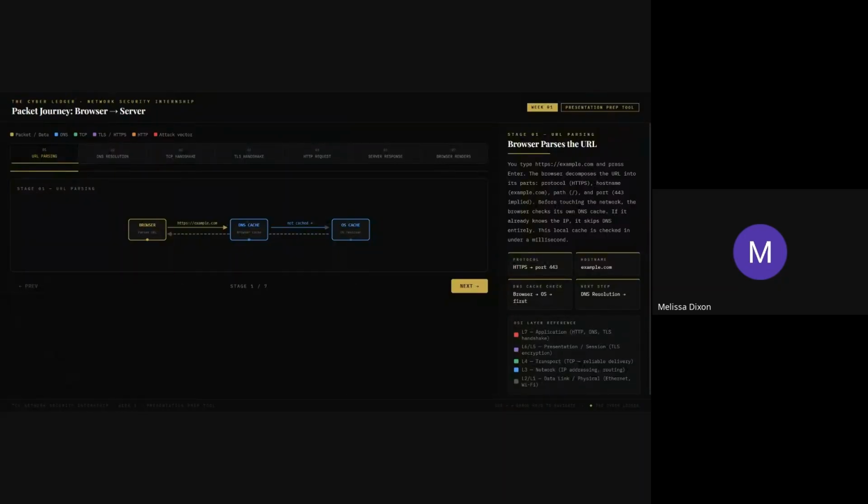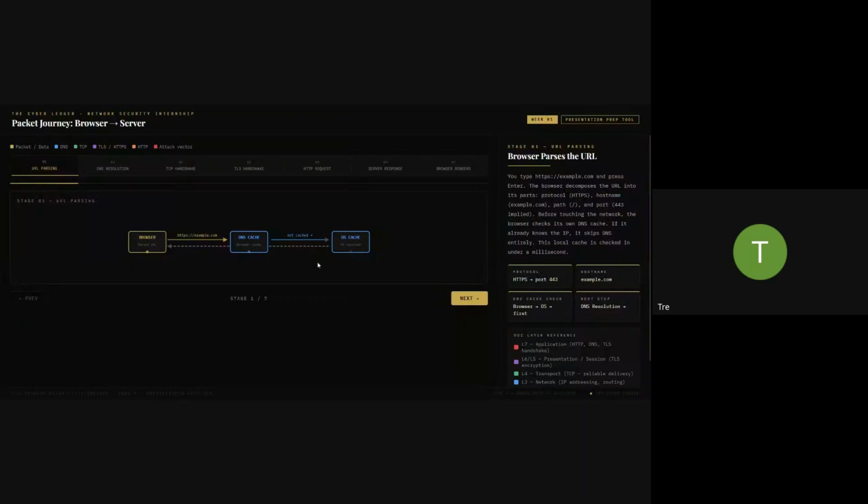Okay, can you guys see this on my screen? You see the packet journey, browser to server? Yes. I think we'll just go over this really quickly because it's got a lot more information. If anyone wants to do the lab after, just let me know and I can send it to you as a little homework. The text is a little small.